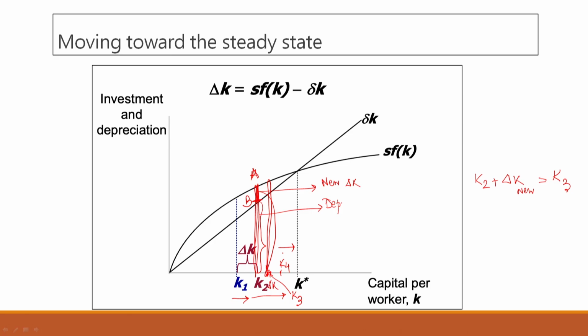Gradually, if we keep on doing this exercise repeatedly, there will come a point where we will reach this, and here do we see delta K is equal to 0. So, no new addition to capital stock is going to take place. The only investment that takes place here is this amount, and this whole amount is also equal to depreciation.